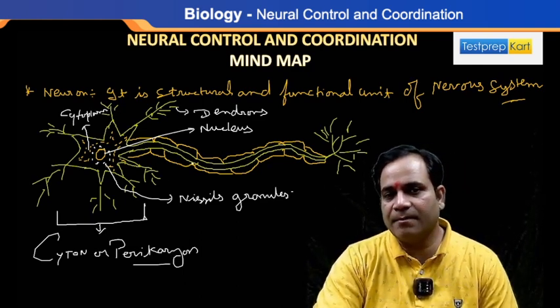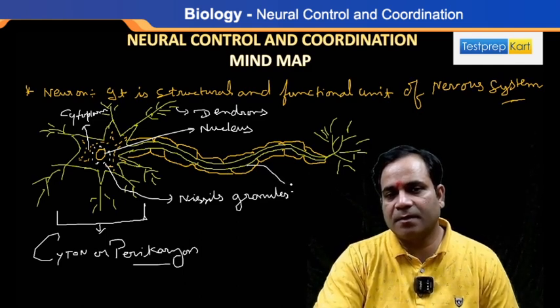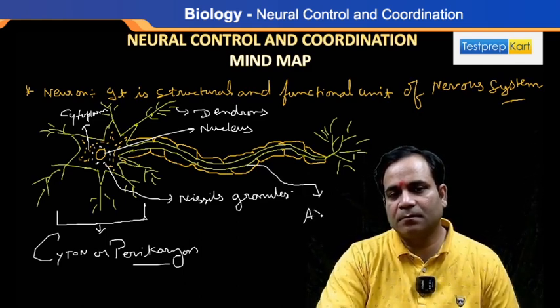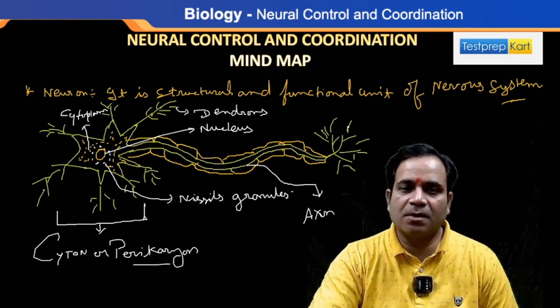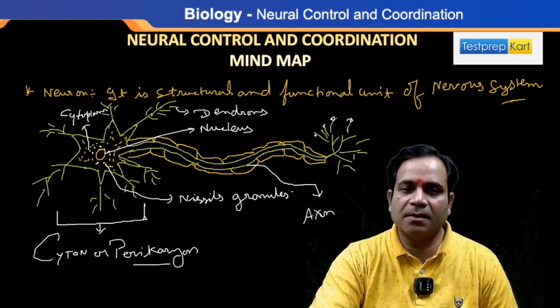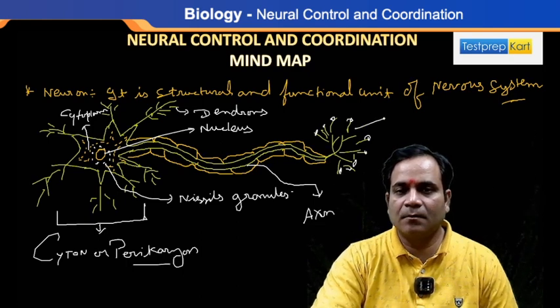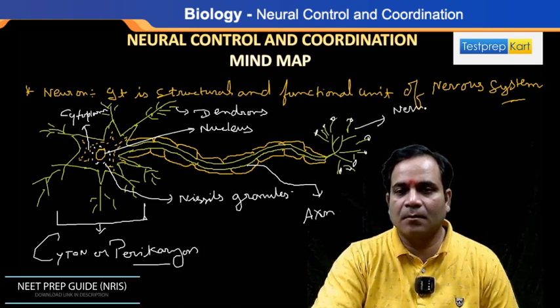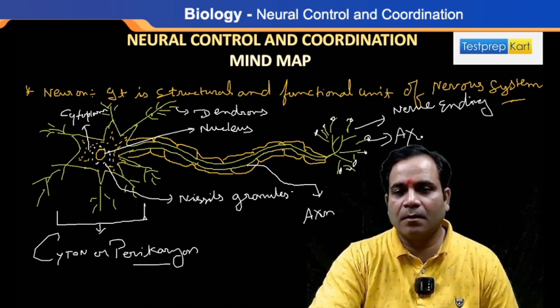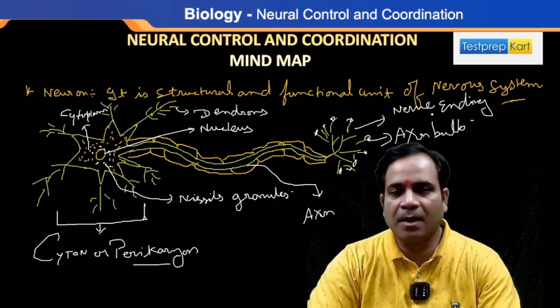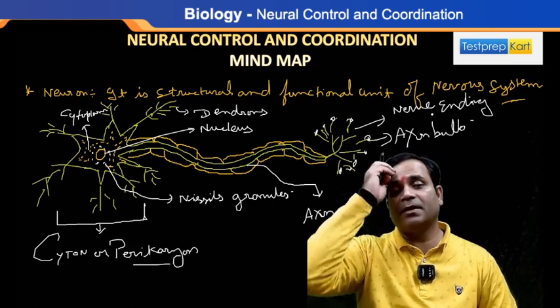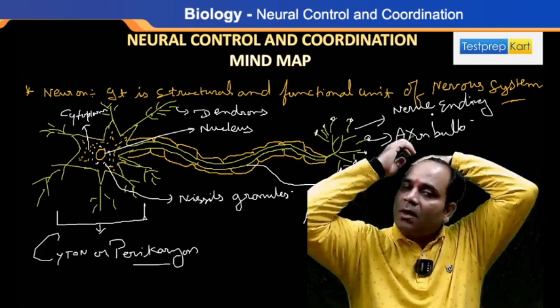Okay, and in between, this one is called the axon. Here is the nerve ending, the axon bulb.